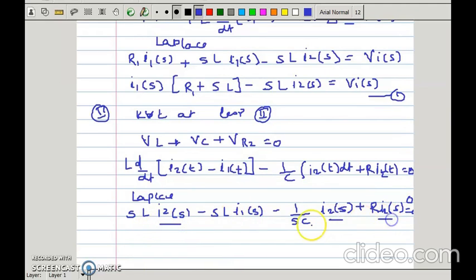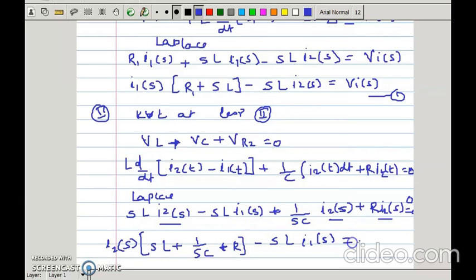I2 is available in three terms. Can we put I2 outside? Inside it is SL plus 1 upon SC plus R2. And one term is remaining here, SL I1 of s, which is equal to 0.